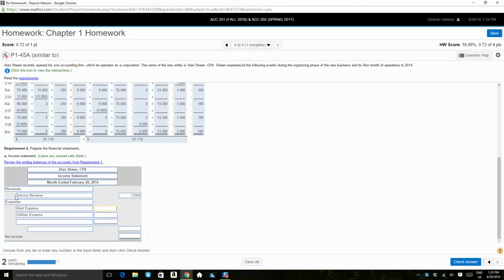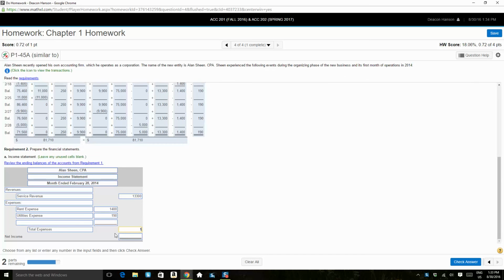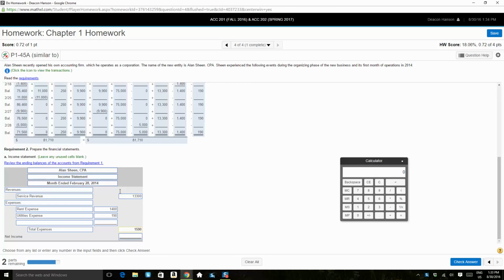If I were to combine both of my expenses, I would have total expenses of 1,590. Okay, so to figure out our net income, we'll take the difference between our revenue, 13,300, and our total expenses, 1,590.